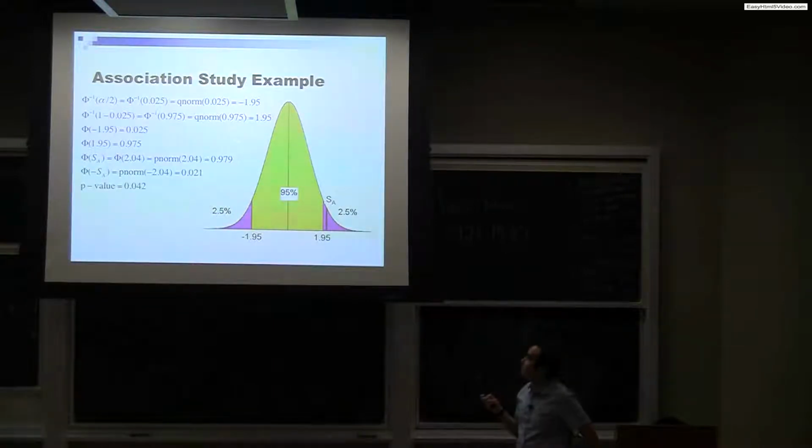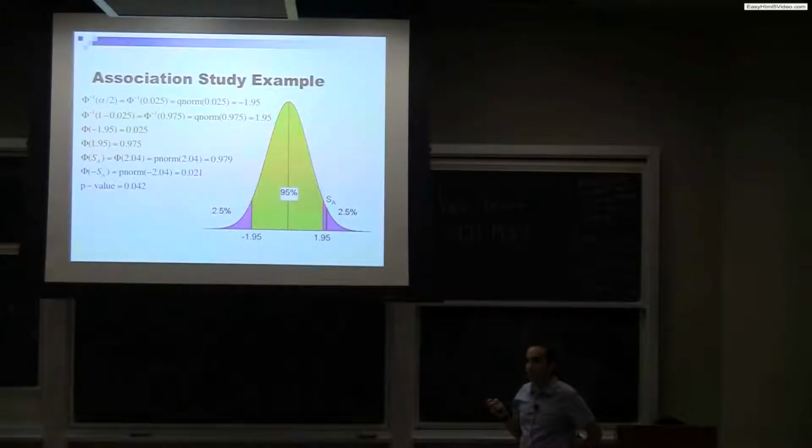There are lots of different ways to do it. So I observed 2.04. How do I get the p-value? I want to compute the area from 2.04 onward. What's the easiest way to do that?